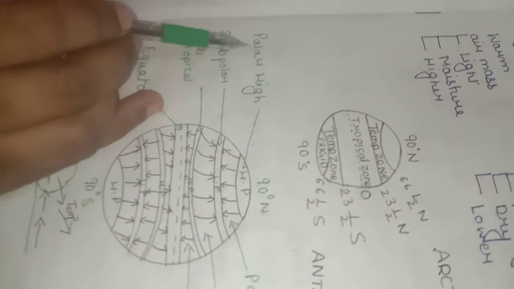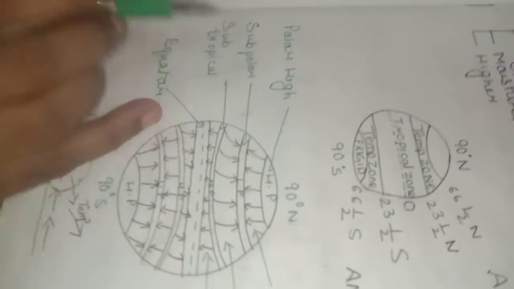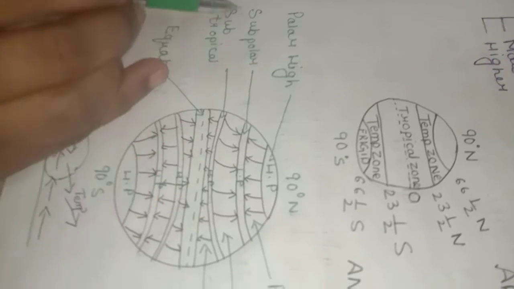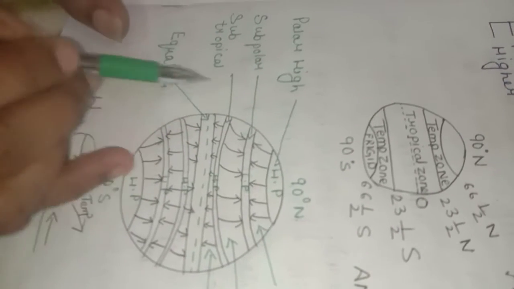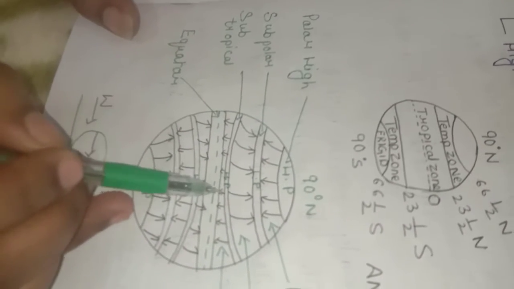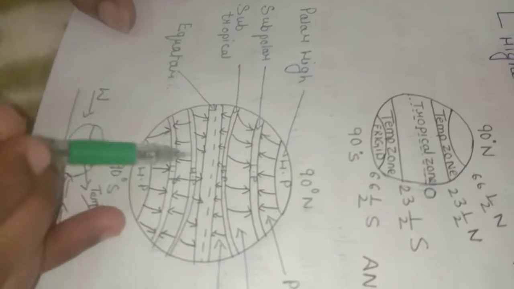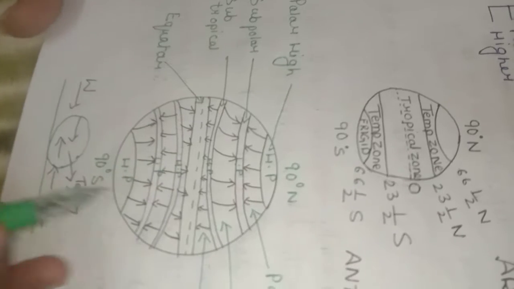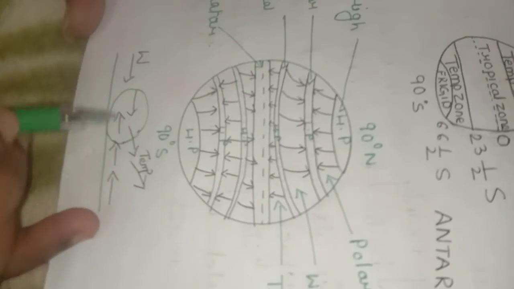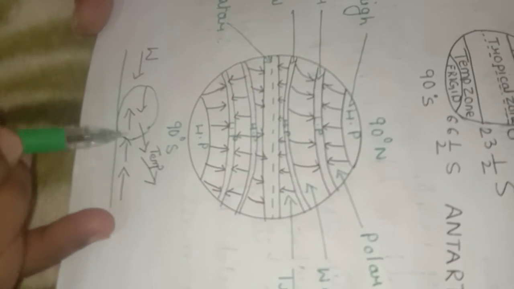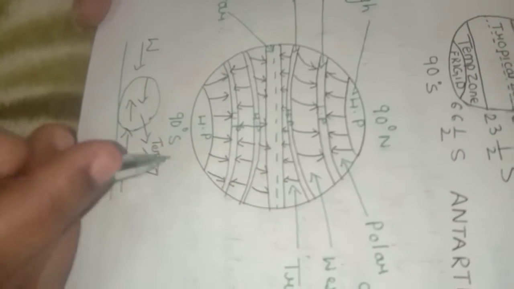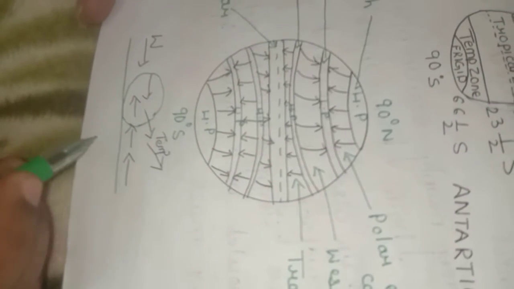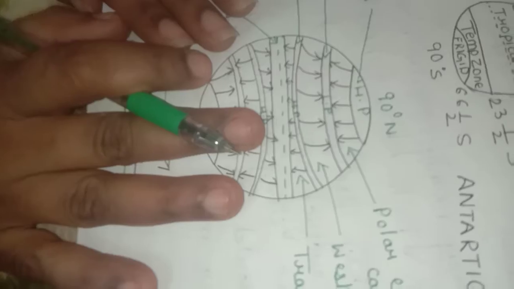Higher pressure is called polar high, lower pressure is in the subpolar region, and higher pressure is in the subtropical region, and these points are the equator. Okay, now arrows going upside indicate higher temperature and downwards indicate lower temperature.